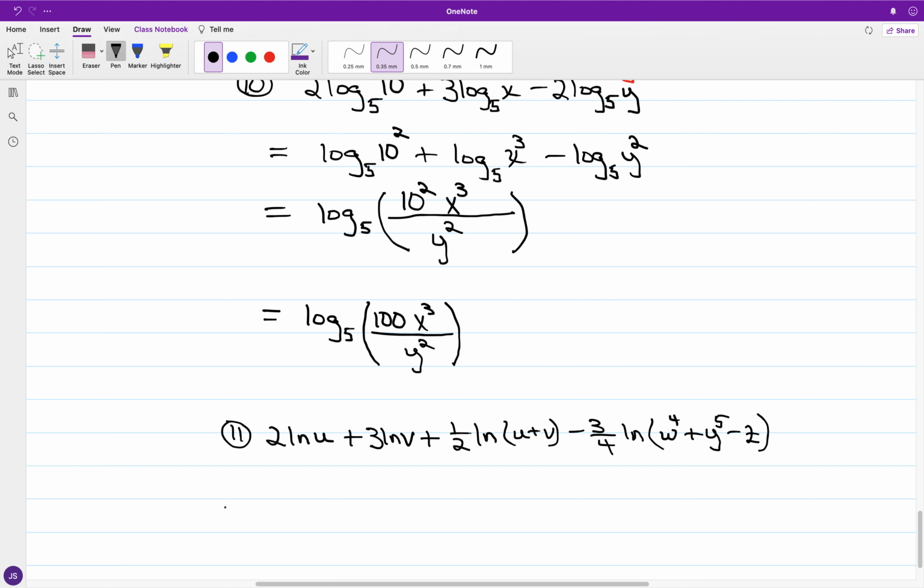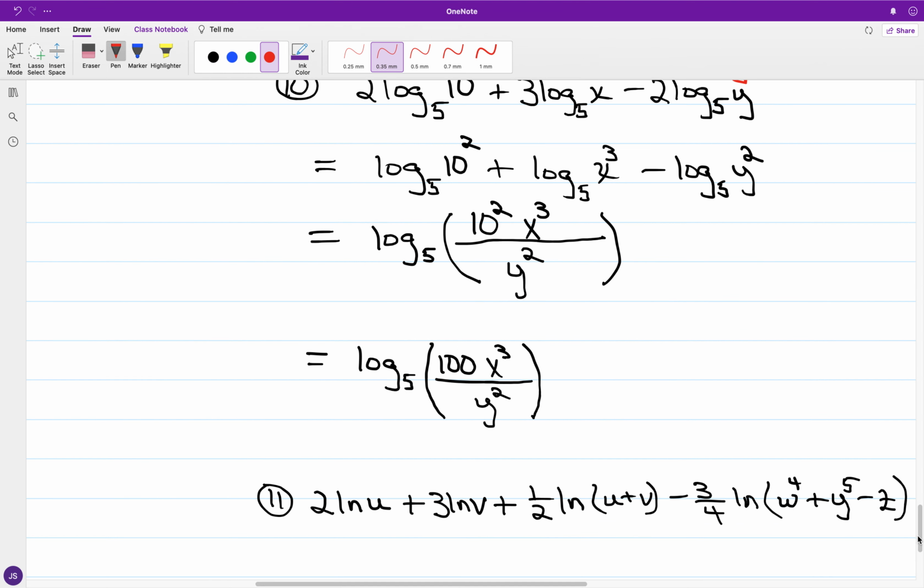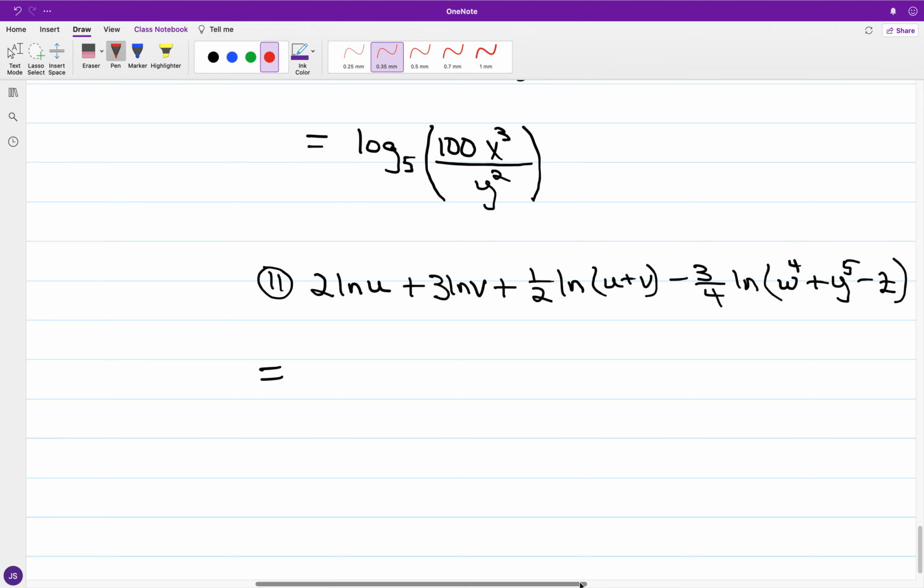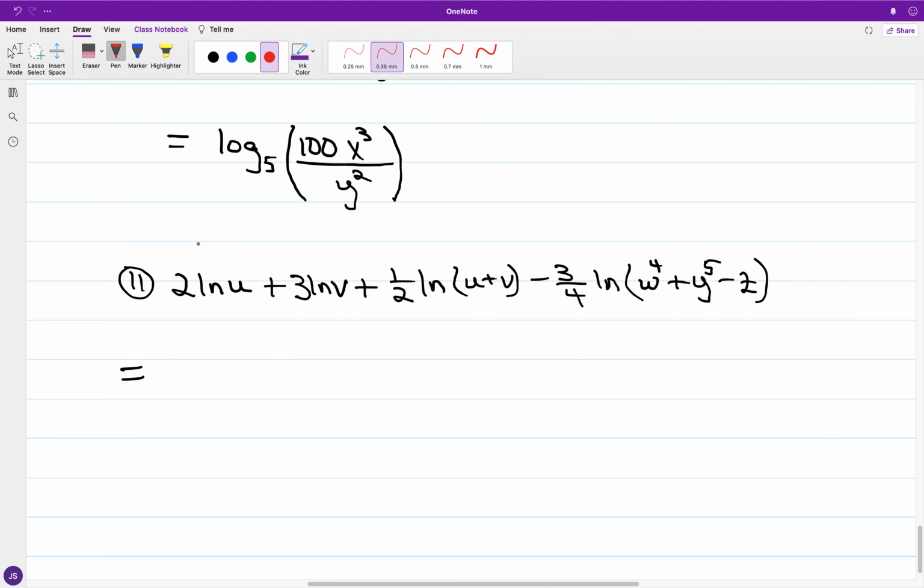If you notice, for all four of these terms we've got coefficients in front of the ln, so we can make those coefficients into exponents.